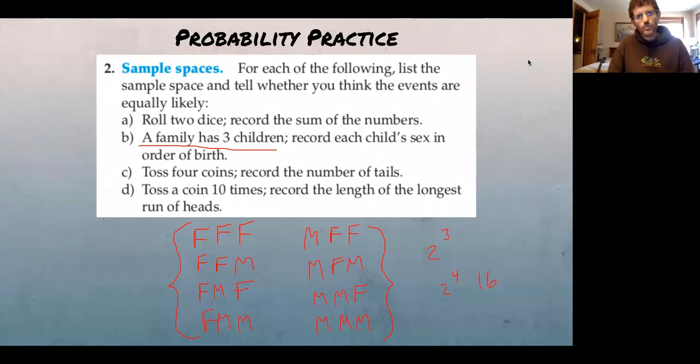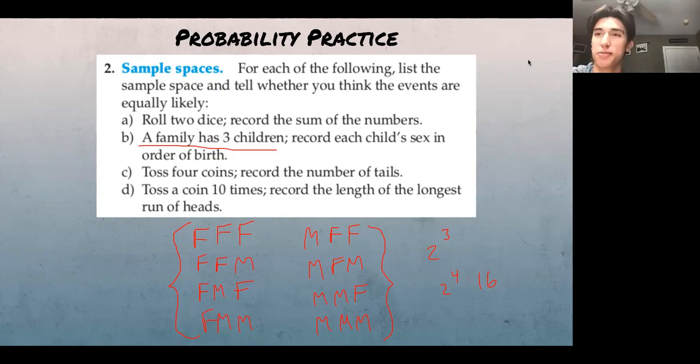Okay, so are all of these outcomes equally likely? I think so. They are.